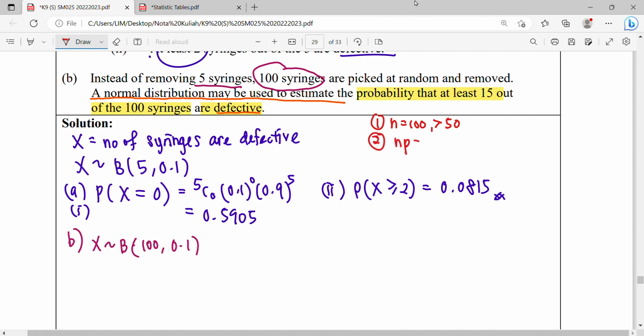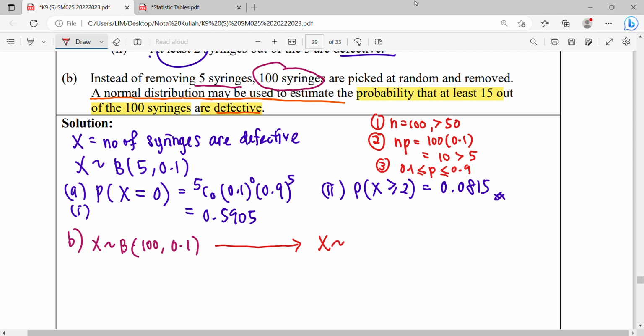Let us calculate np: 100 times 0.1, which is 10, already more than 5. Third condition, is the probability okay? It falls between 0.1 and 0.9. Normally the third condition does not have much effect. Very obvious will be condition number 1 and number 2. So this one, definitely you need to change to normal distribution.